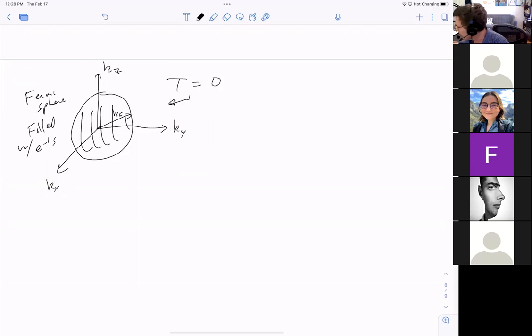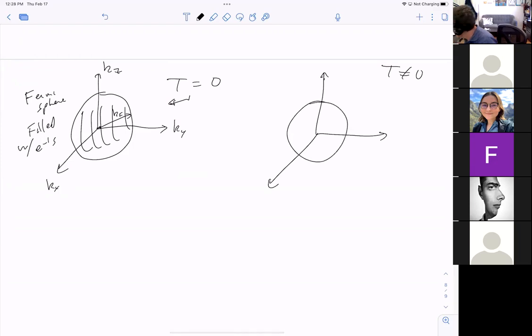Meaning no temperature. Now let's turn on temperature, kT. So what happens at kT? Now let's turn on T not equal to 0. I still have that Fermi sphere. It's there. But what happens now? Now I can give the particles energy on the order of kT.